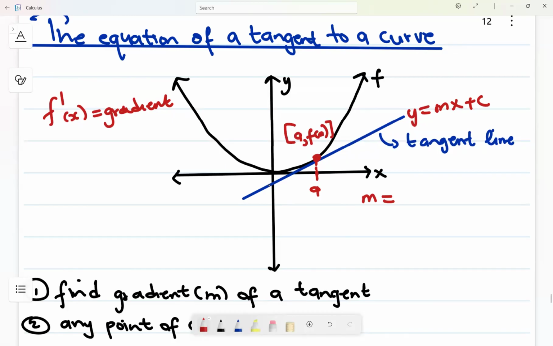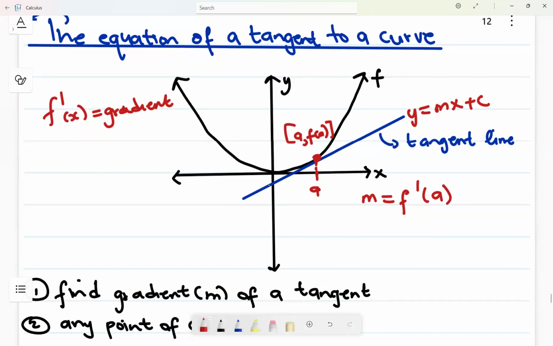Now, how can I find this gradient? This m is equal to the gradient of this graph, but where? At a. When I say f'(x), it is just the gradient of this graph. But when I say f'(a), exactly the point of contact between the tangent and the graph, I find the gradient here at this specific point.